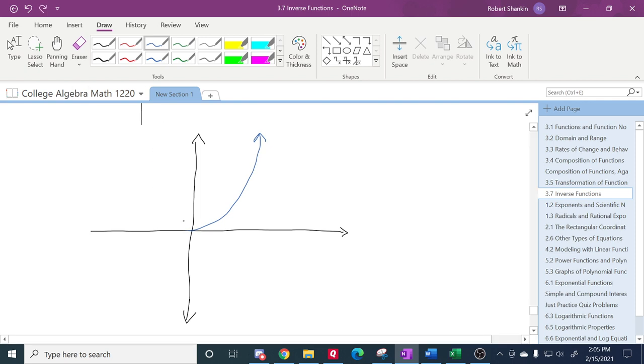Oh, that didn't go so well. Okay. So then, if this is my f, now, when I reflect it across this y equals x, to get the inverse function.